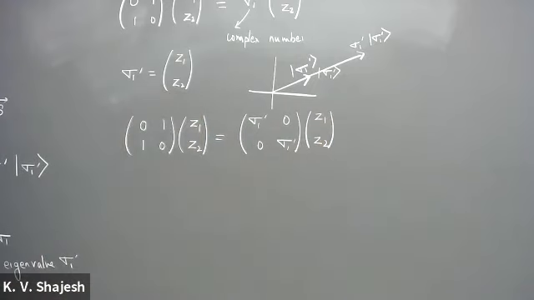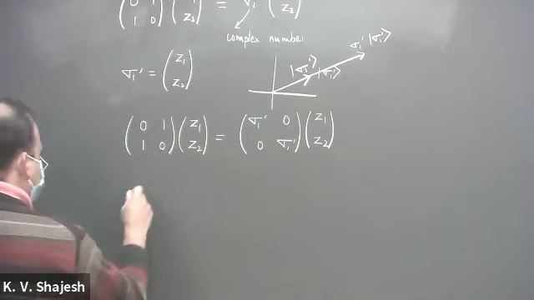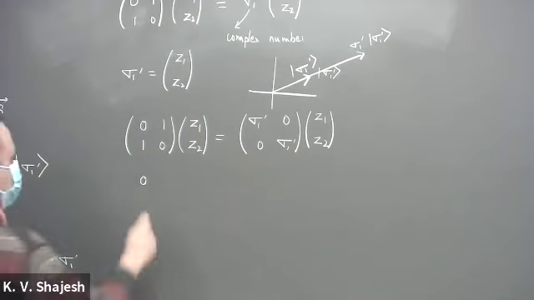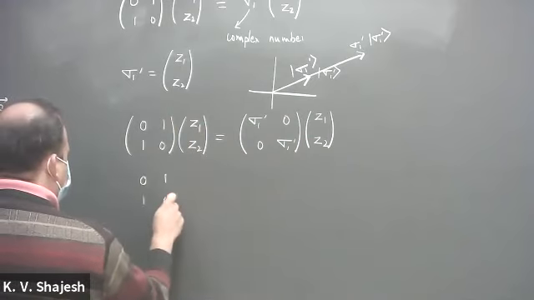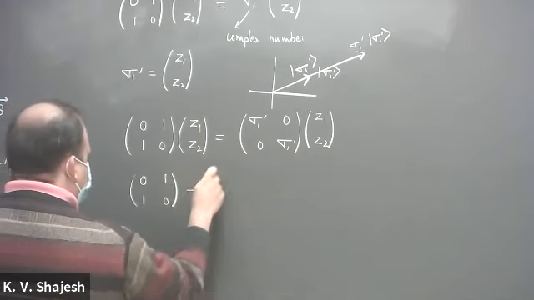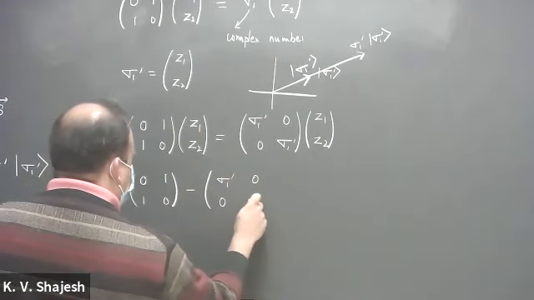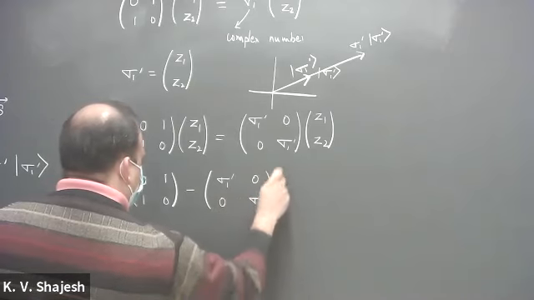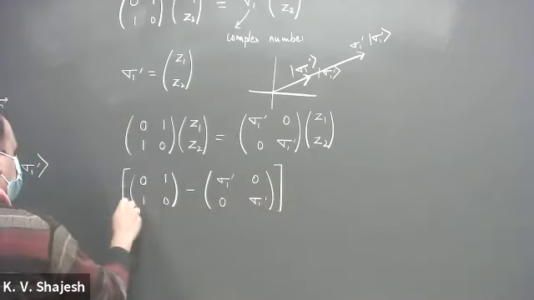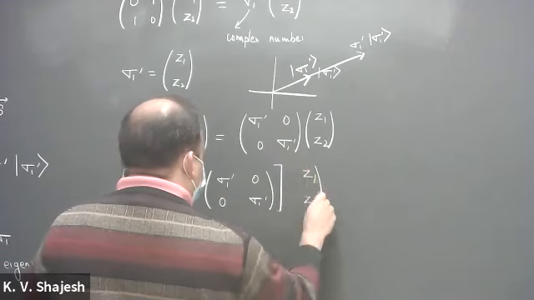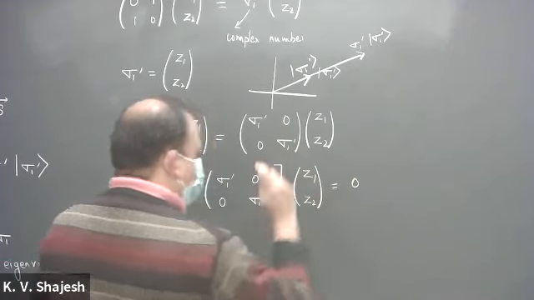Okay. Move it to the left and combine it with this. So this is 0, 1, 1, 0 minus sigma 1 prime 0, 0, sigma 1 prime, times Z1, Z2 is equal to 0 now.